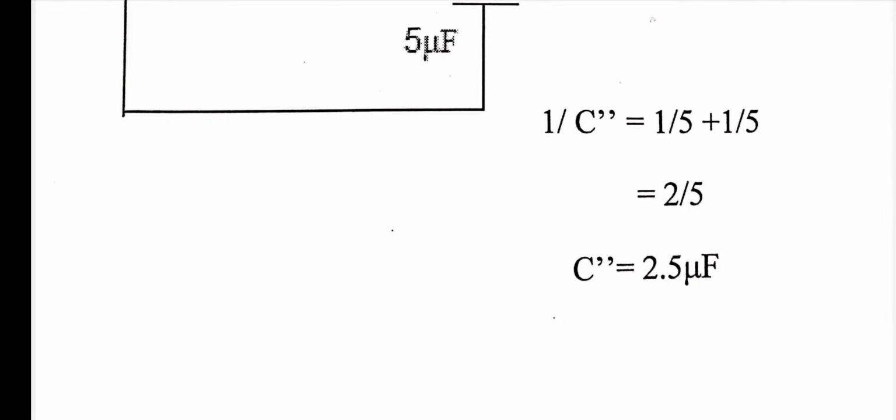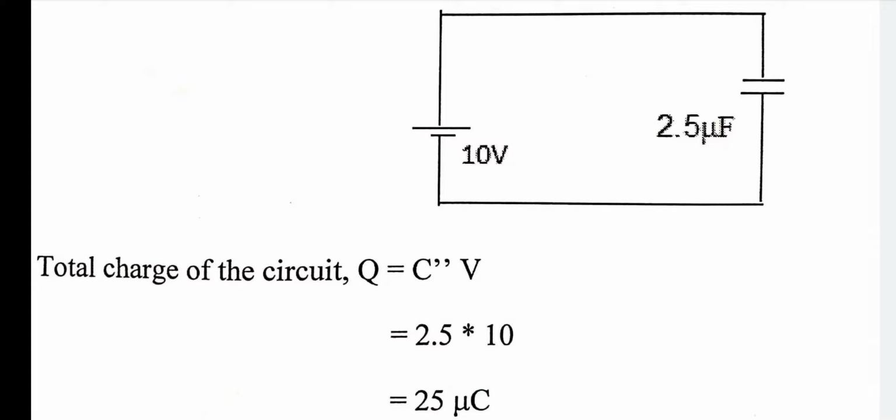We have to find C double dash and the value will be 5 by 2, which is equal to 2.5 microfarad. This will be the final circuit.